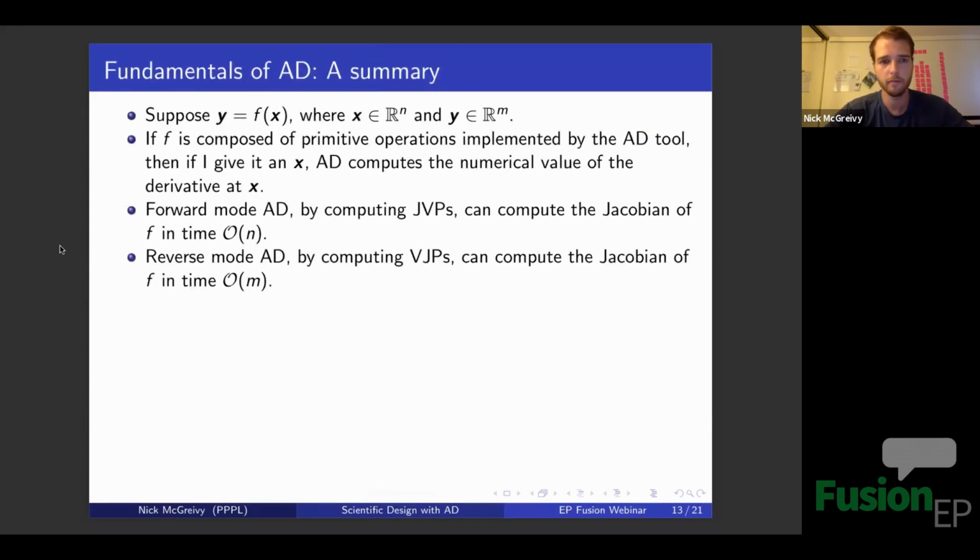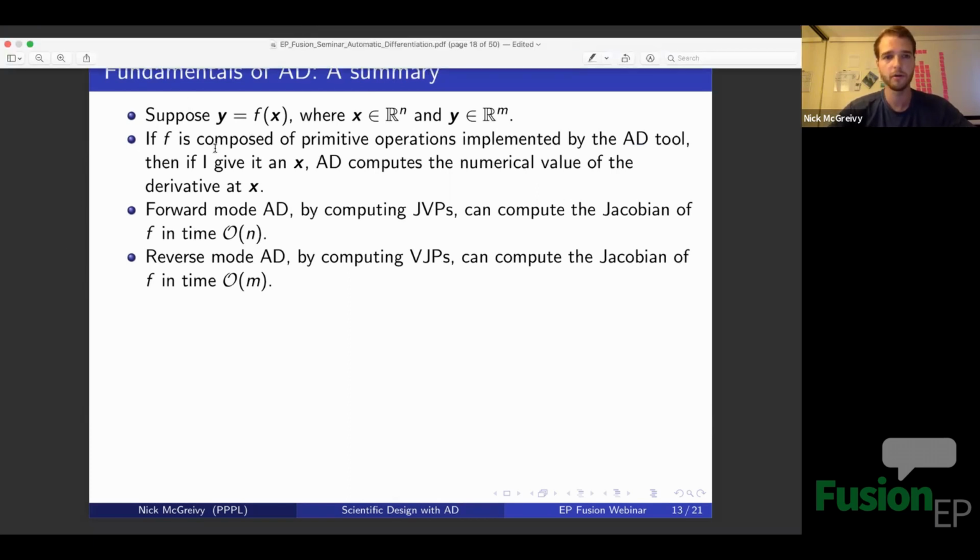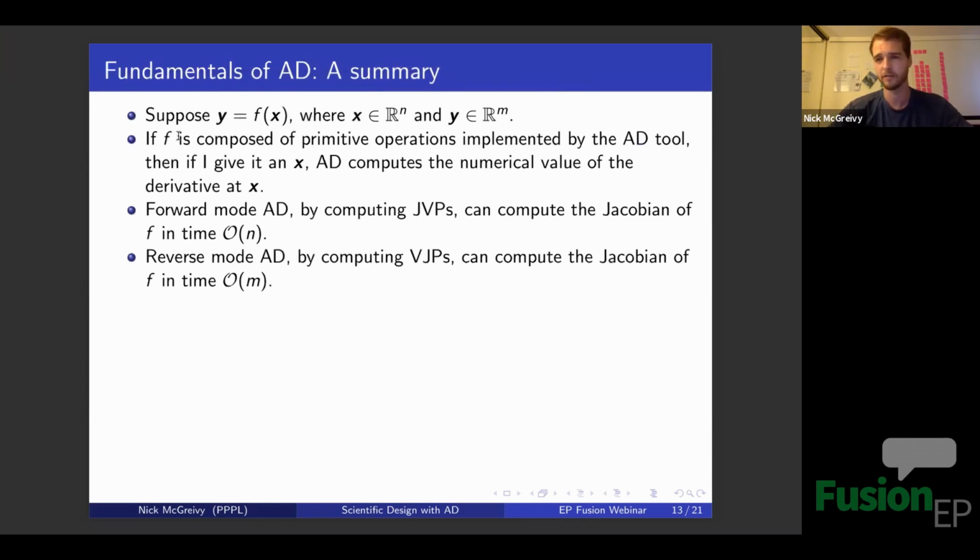So here's a summary of AD, just to really make sure you guys understand. And then we'll get into how automatic differentiation is powerful right after this. So if I have some function which takes an input and gives me an output, and that function is composed of primitive operations implemented by my AD tool, whose elementary partial Jacobians are known, then automatic differentiation computes the numerical value of the derivative at the input.